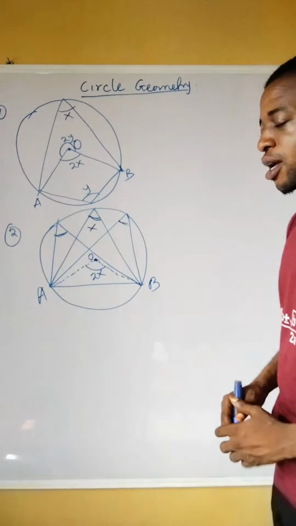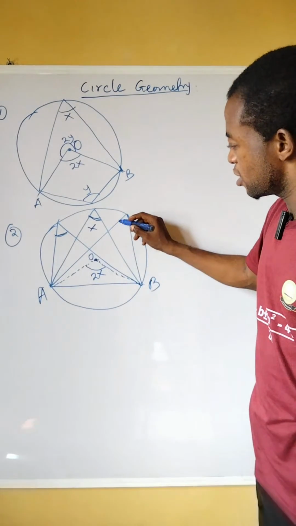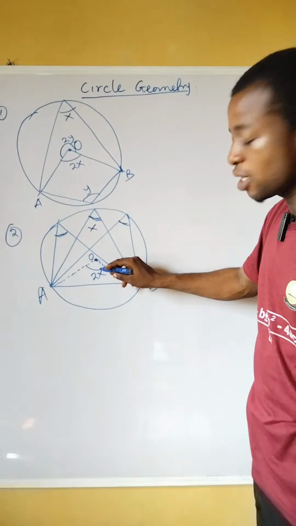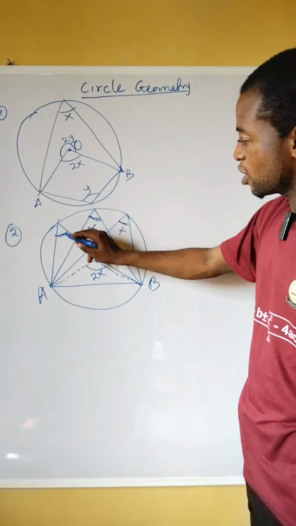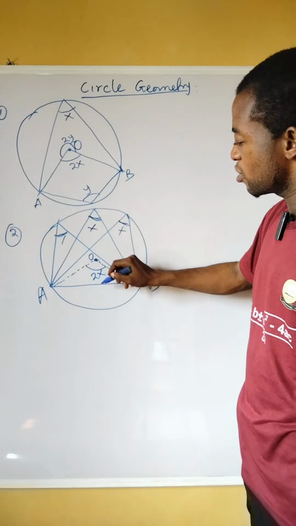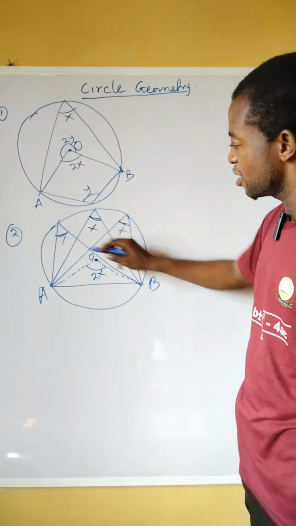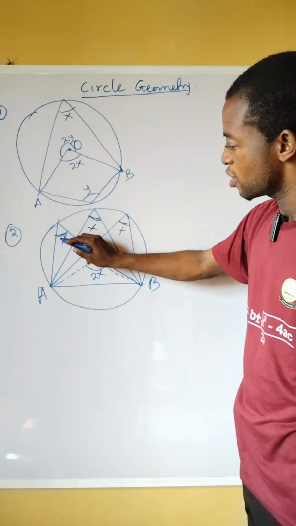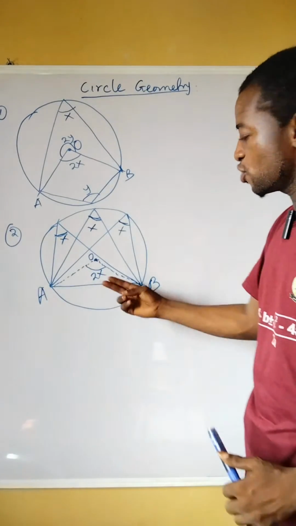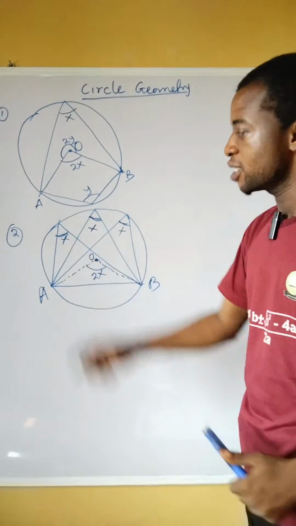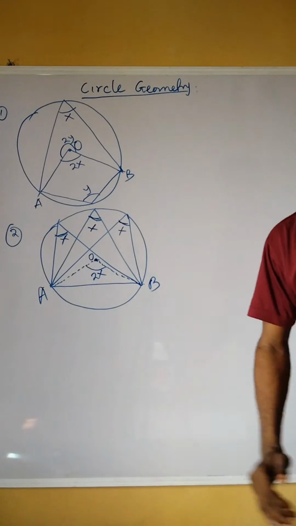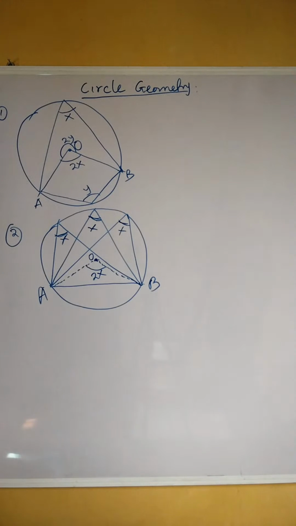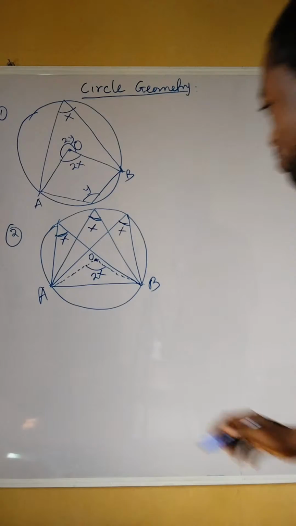This other angle at the circumference is also x for the same angle at the center 2x. That means the angle at the center is twice the angle at the circumference. So this theorem is important for us to be able to solve related problems on circles.